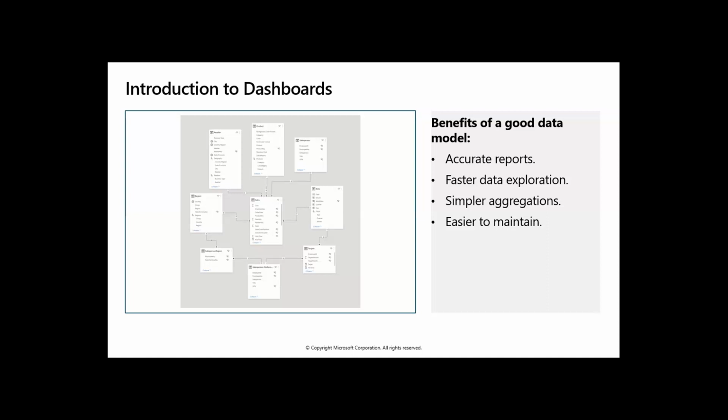Then aggregations are simpler, grouping of your data. Then the next one is reports are more accurate. When you get your modeling properly, reports are more accurate. Writing reports takes less time when you model properly. Reports are easier to maintain in the future when you have proper modeling.